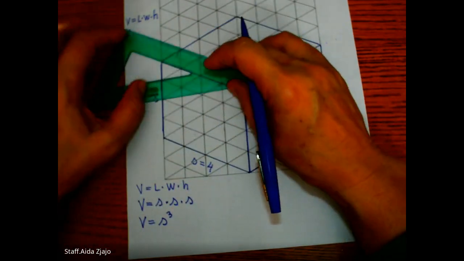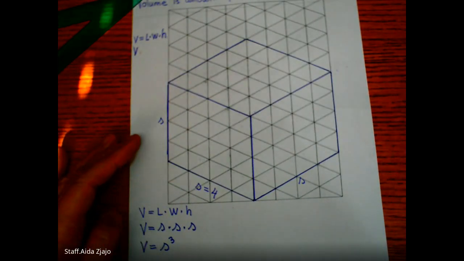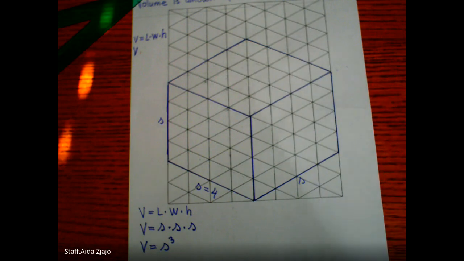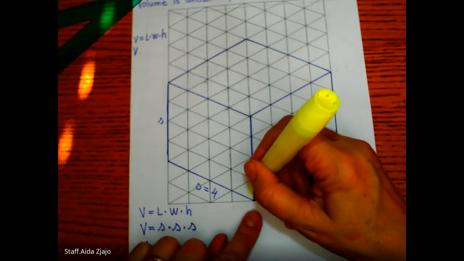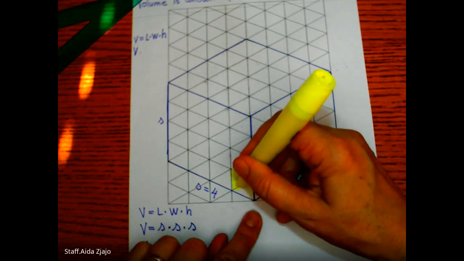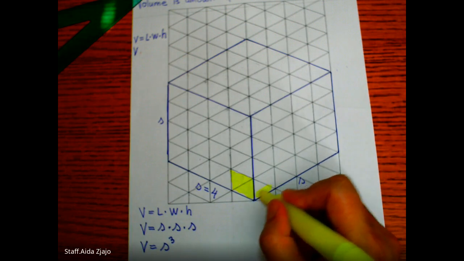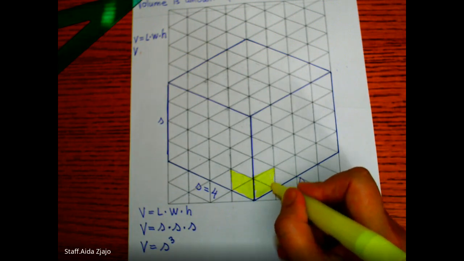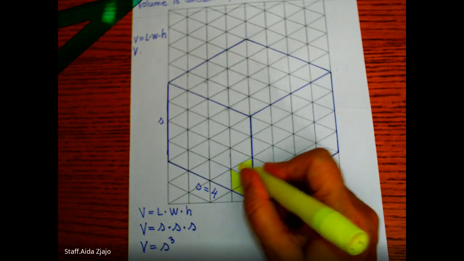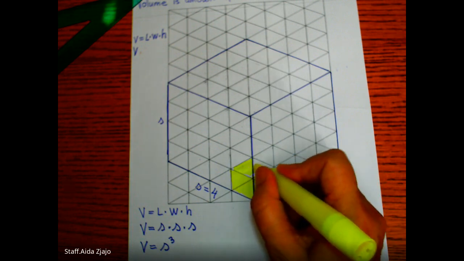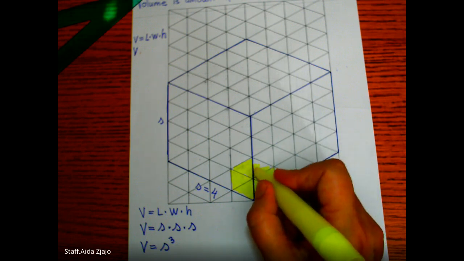We can show it in the presentation. If I take one cube, and that is the length, and then this is the width, and then in height we can see how many of these size cubes are going to cover the whole shape, the whole cube.